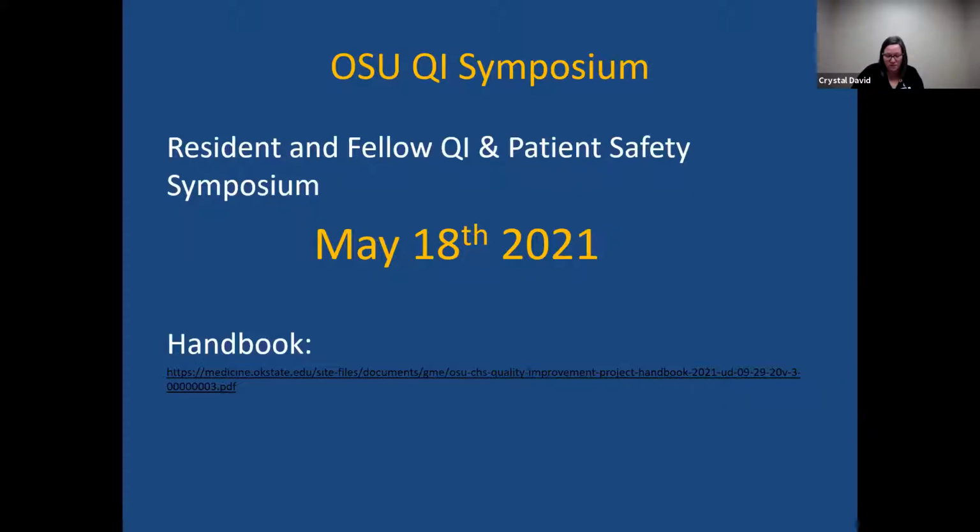I know that some board certifications require you to do quality improvement projects even after you're out of residency and in practice to keep your licensure up. And then if you want to look at some past projects, I included a link here as well, so you can peruse through those and see what people have done in the past that might let you think, oh, yeah, that's something I could do and easily implement in our practice.